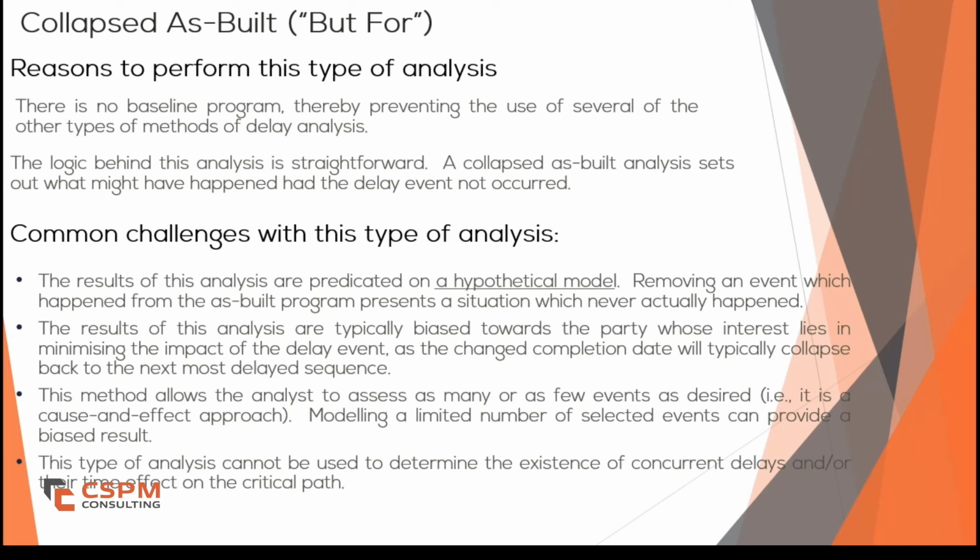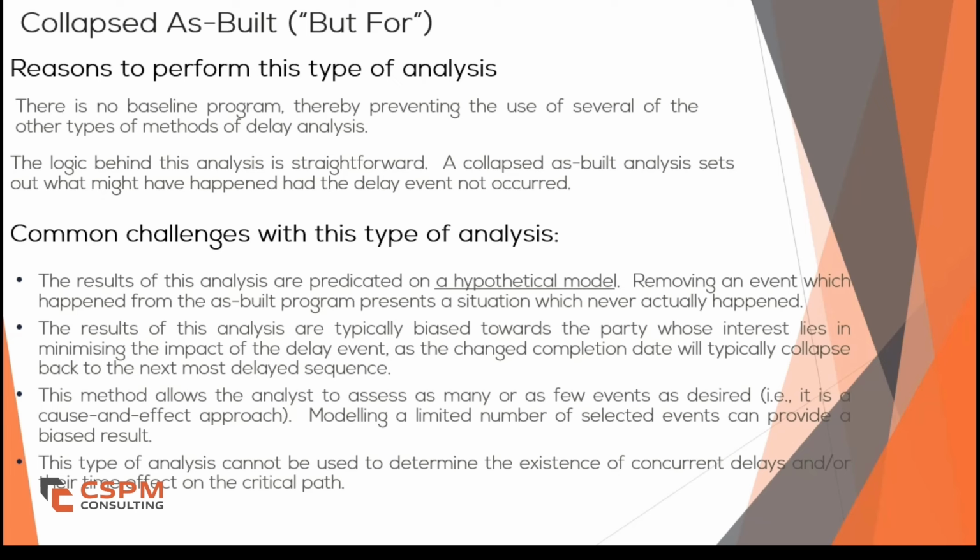Does not address concurrency. Another major drawback is that collapsed as built does not properly evaluate concurrent delays. In window analysis, we examine delays in specific time frames, allowing us to identify if multiple delays were happening at the same time. But in collapsed as built, because delays are removed retrospectively, we are not studying the interaction of overlapping delays.